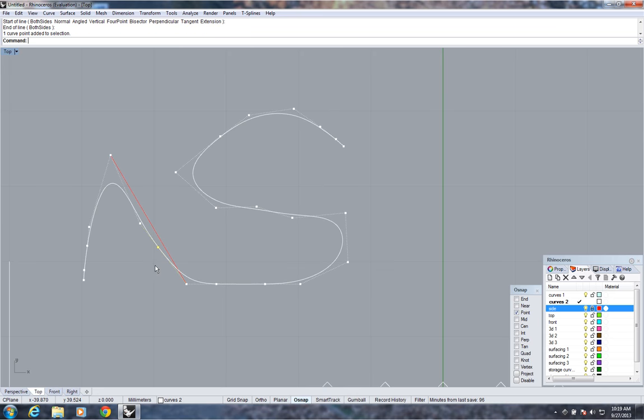I'm going to pick that point, using my point object snap to select it, my point to move from, click. But my point to move through, I'm going to click on the near object snap. And that'll put it right on that line. I'm going to do the same thing with the next point.